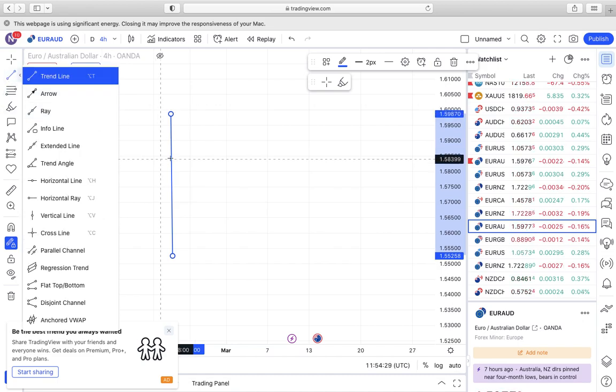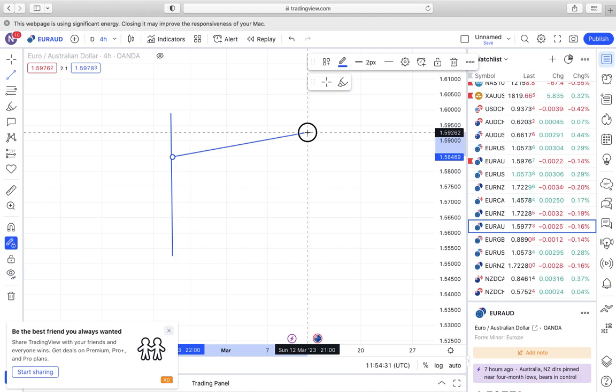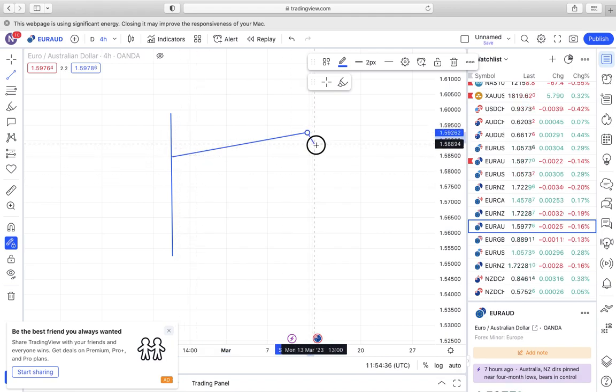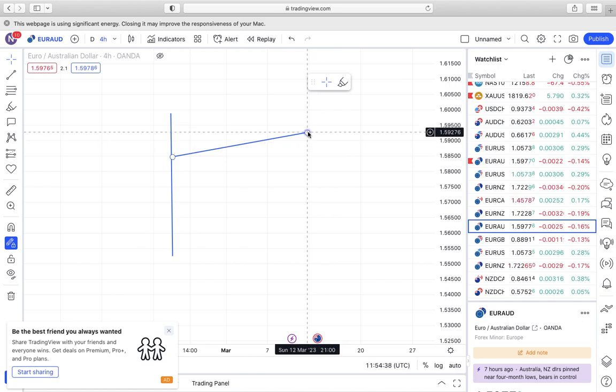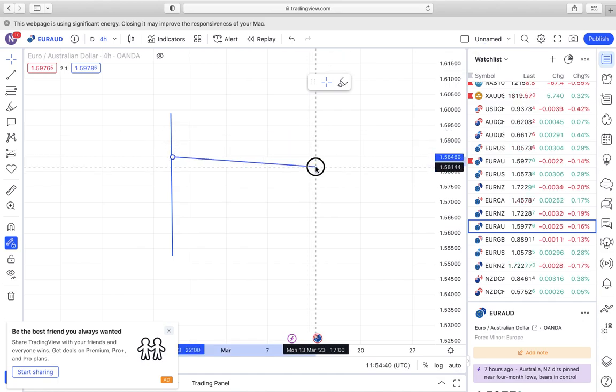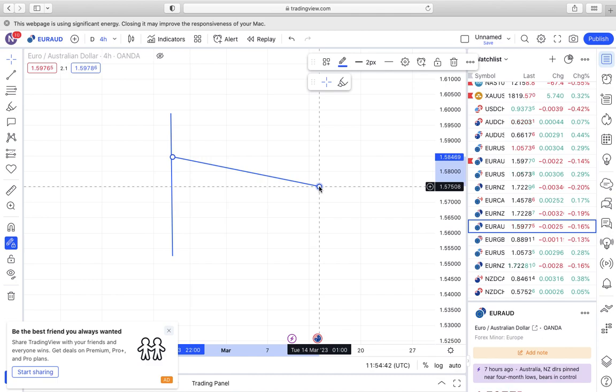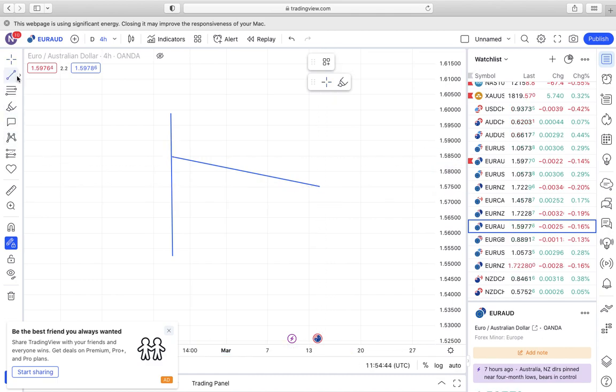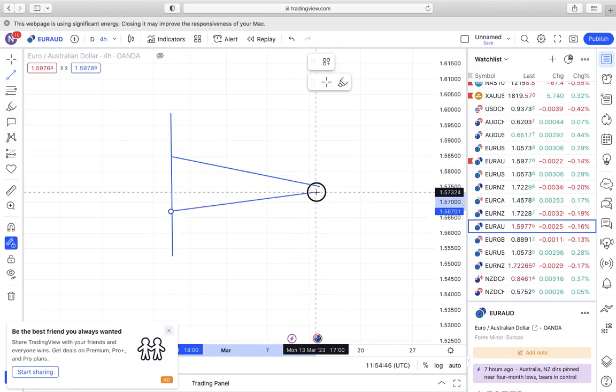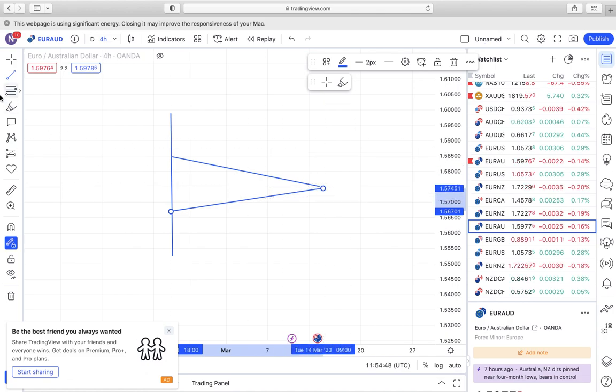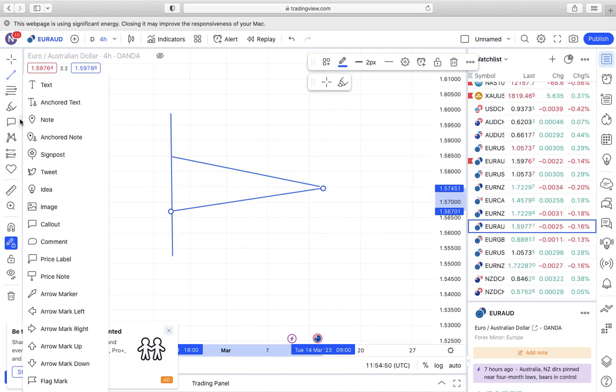Let us draw it and you see it. Let me say we have something like this, and something like this. Now this is the symmetrical.